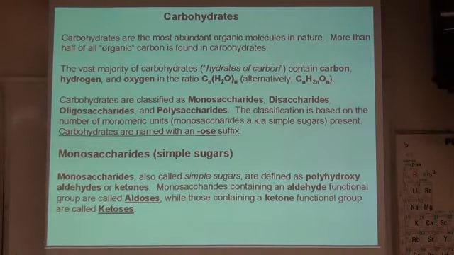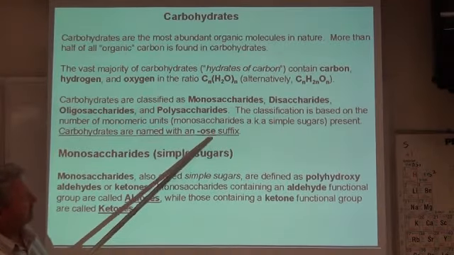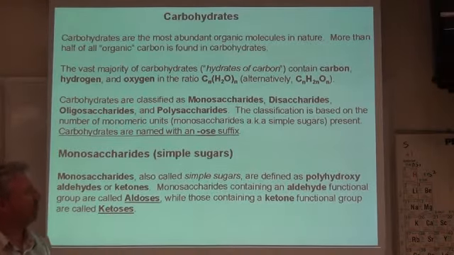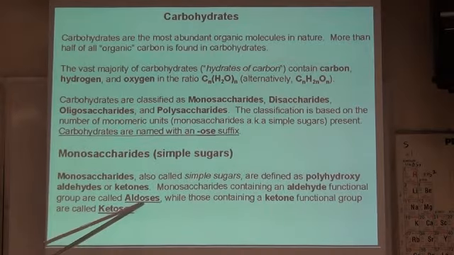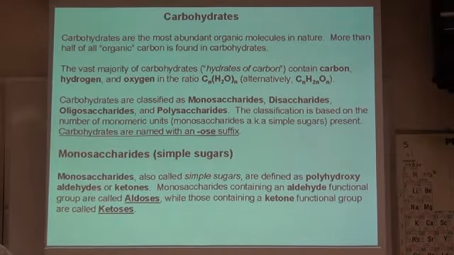Monosaccharides are polyhydroxy aldehydes or ketones, depending on what functional group is in it. Is it a ketone? Is it an aldehyde? If it has an aldehyde functional group, then guess what? We employ our -ose suffix and we call it an aldose. If it's got a ketone, we call it a ketose.